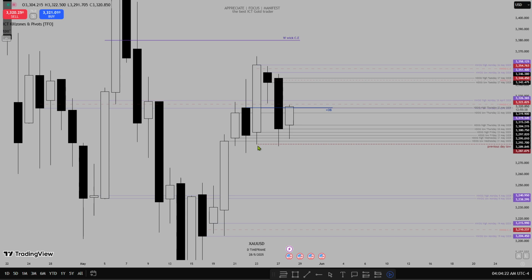When we are in a bullish market buy program and we don't have any inefficiencies to take us higher, but the bias is obviously bullish, you just anticipate a sweep on sell stops, and then that will send us higher. So I was looking at this low yesterday, waiting for it to get taken out.